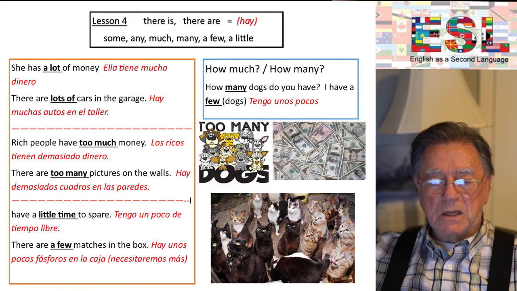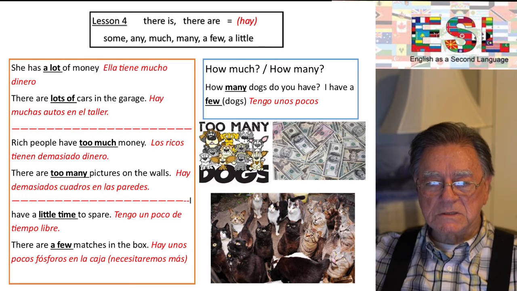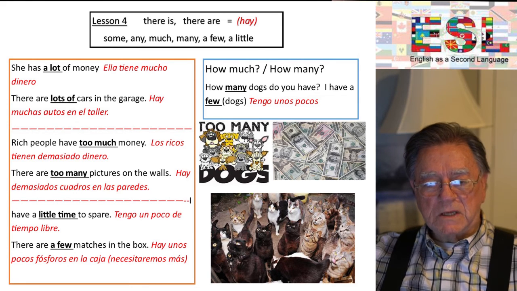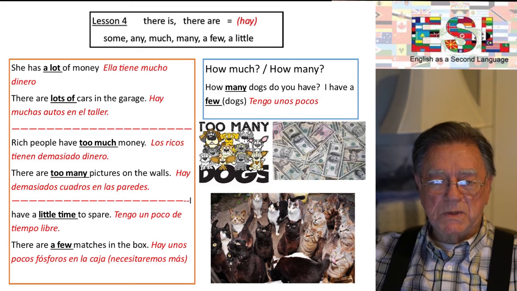We can say a lot of, lots of cars, and that's not negative. But too much or too many is demasiado in Spanish.